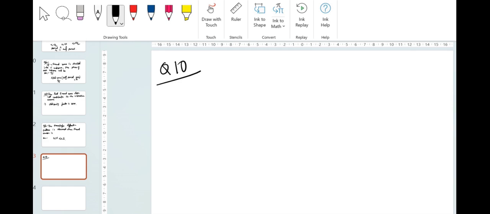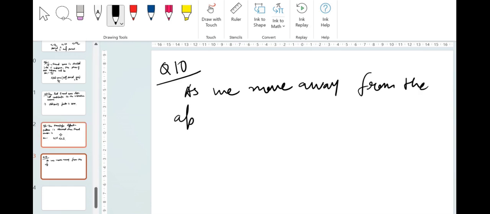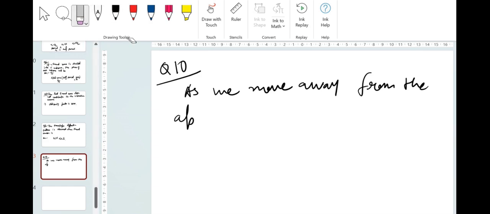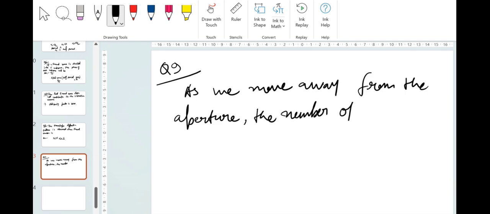Question 9: As we move away from the aperture, the Fresnel zone number decreases, increases, remains constant, or becomes infinite?